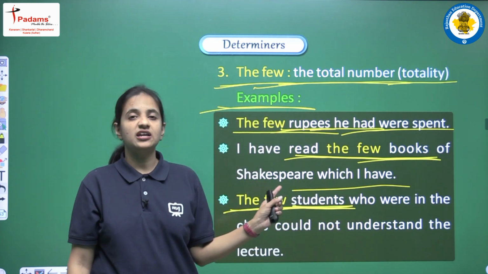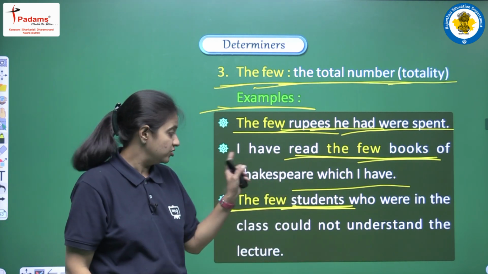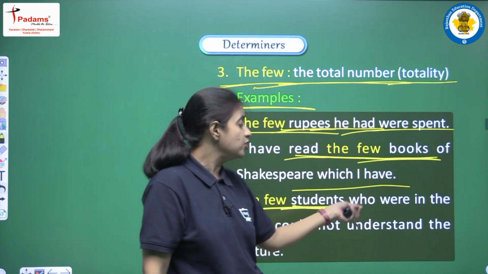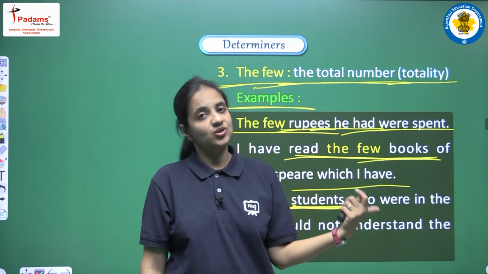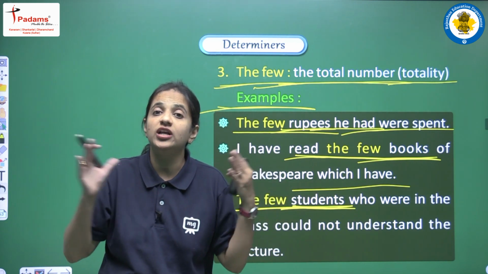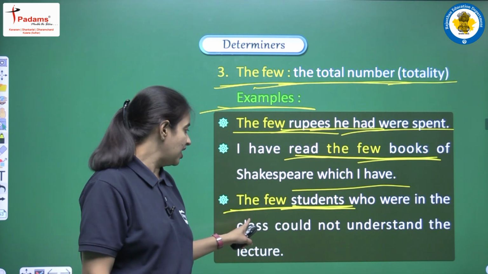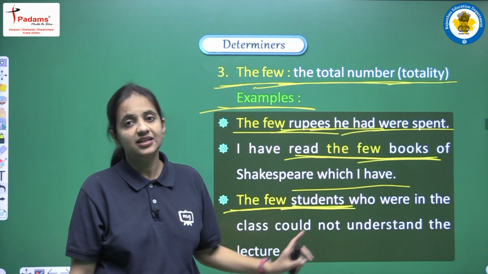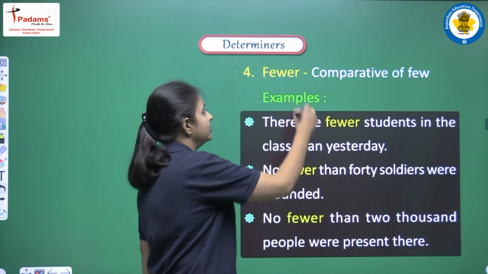So here also we are talking about the total number of the students, we are talking about totality. This is the reason we are having the few here in the sentence. Clear?